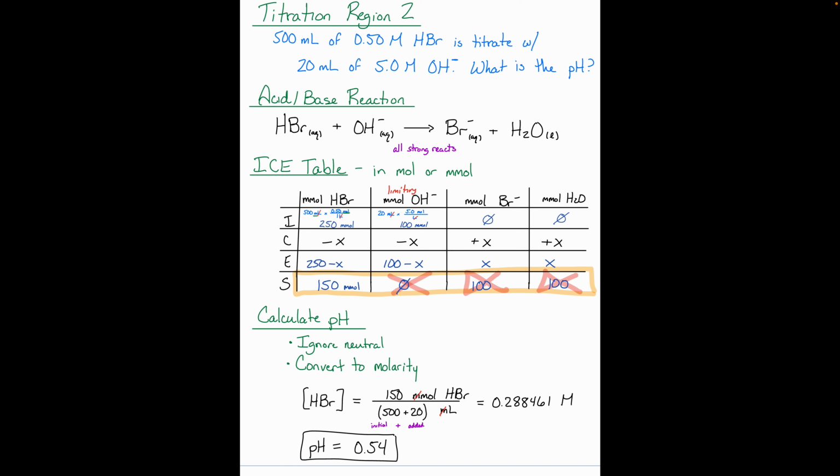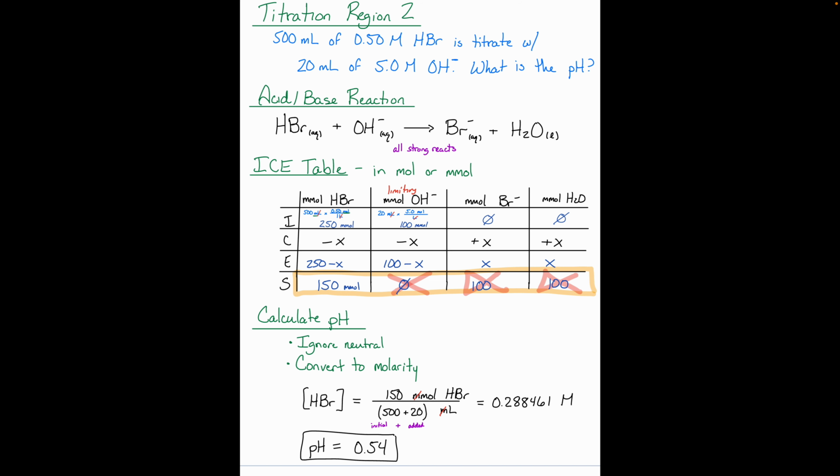You have to add volume to do it. You have to mix these solutions together. So these titration problems are going to have us keeping track of that change in volume. We're going to have to use an ice table in moles. And then when we get to the calculate our pH step, we're going to have to convert back to molarity. That's the only difference between what we learned how to do previously and these titration problems.